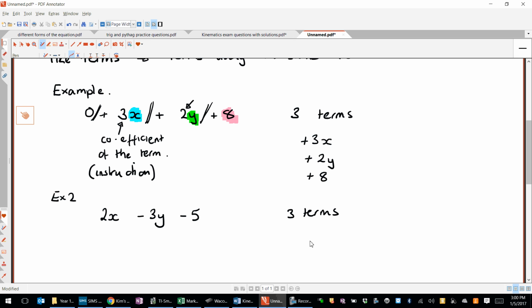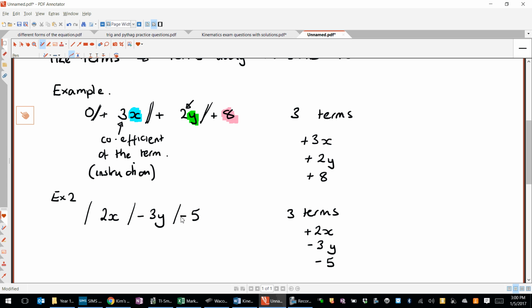Plus 2x, minus 3y, minus 5. Okay. There's a reason why it's nice to think of the sign going with the term, because now I can rewrite them in any order.